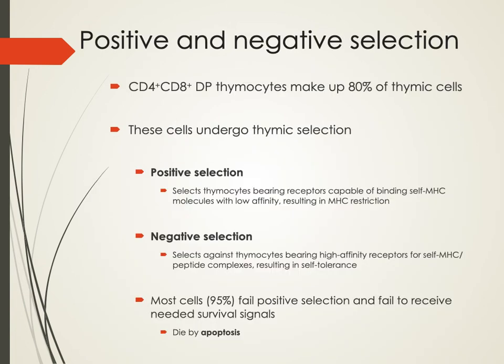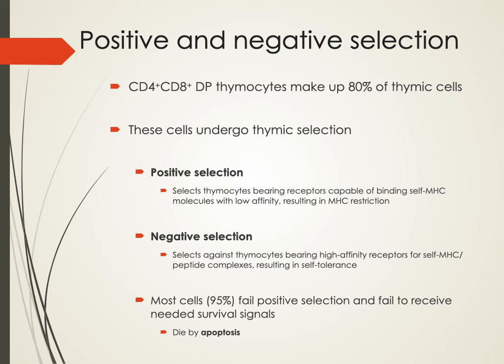Looking at positive and negative selection, double positive thymocytes are going to make up the majority of the cells because you've just undergone proliferation with beta selection, and you're going to undergo another round of proliferation after alpha rearrangement. So the majority of your thymocytes are going to be these double positives, and they need to undergo selection.